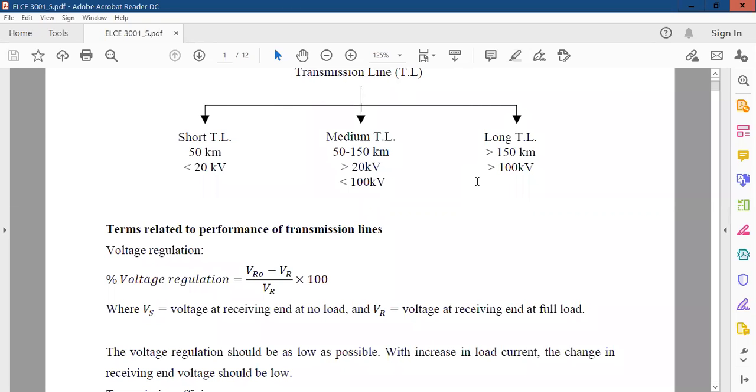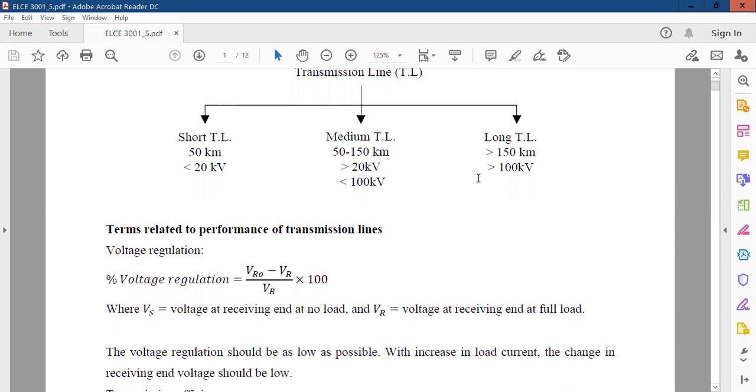It means that it gives us the percentage of voltage drop in the line. So always we want the voltage regulation to be as low as possible. It means that if we transmit 1 kilovolt, we want to receive 1 kilovolt. We don't want to have voltage drop in the line.